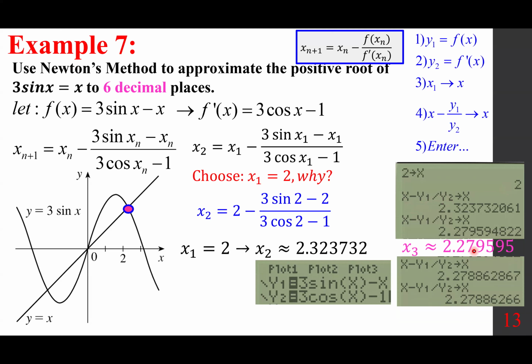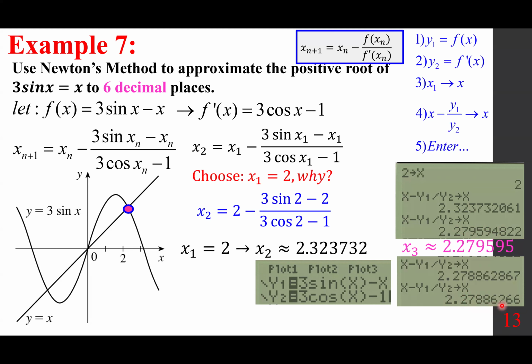We want it with 6 decimals. Remember, this was the second one. This is the third one. 2.2795994. Next to it is 8. We take it up to 5. The next one, again, 6 decimals, 2.27886.